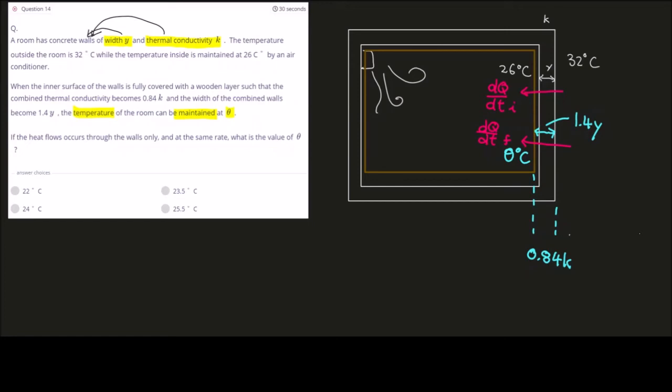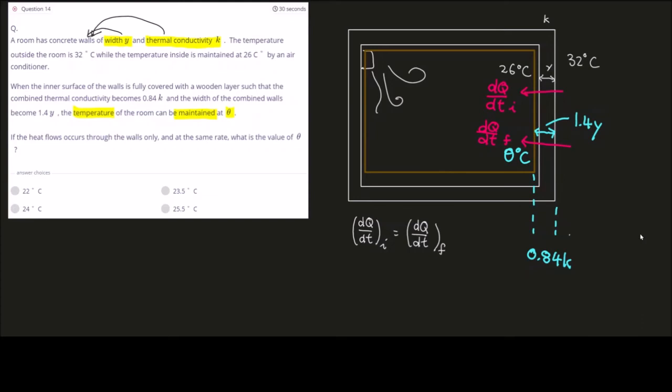The heat flow is still the same. So you can say that dQ/dt initial will be equal to dQ/dt final. So now they ask for the value of theta.